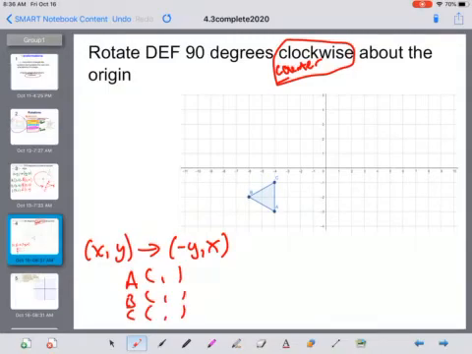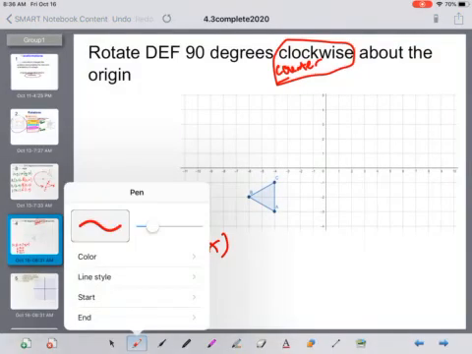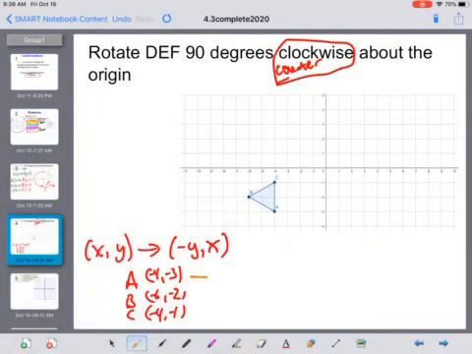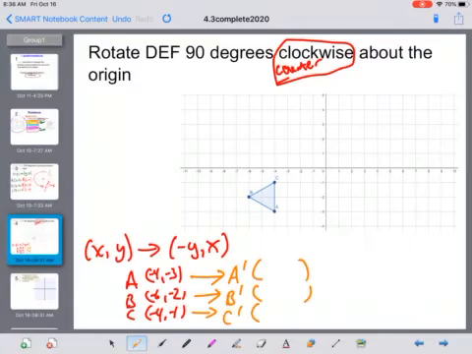So first off, write our original ordered pairs of -4, -3, -6, -2, -4, -1. And then when I change those to my A prime, B prime, and C prime, the opposite of my y value first would be 3, and then 2, and then 1.